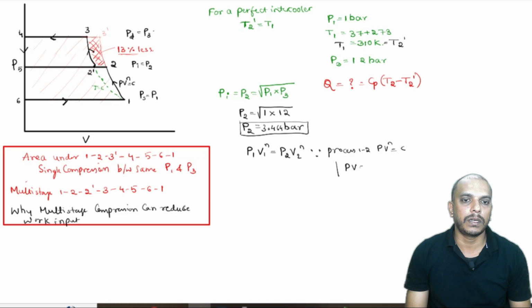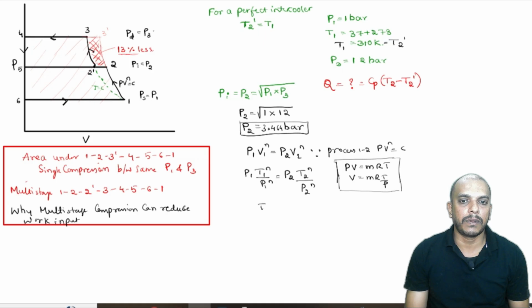How do we do that? PV is equal to mRT, and volume can be written as mRT by P. Since m and R get cancelled out, we can substitute temperature and pressure, that is T by P. So, P1 (T1/P1)^n, and here also P2 (T2/P2)^n.